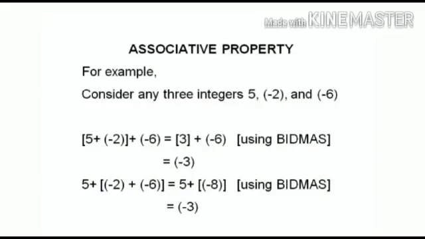That is (5 plus negative 2) plus negative 6 is equal to 3 plus negative 6 which is equal to negative 3. In the same way, 5 plus (negative 2 plus negative 6) is equal to 5 plus negative 8 which is equal to negative 3.